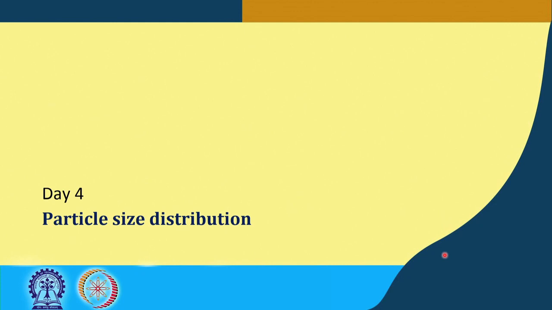If you remember, in the last class we had different mean sizes based on some characteristic property, like the volume mean diameter, surface mean diameter, length mean diameter, and the other properties like the mean length diameter, mean surface diameter, and mean volume diameter.